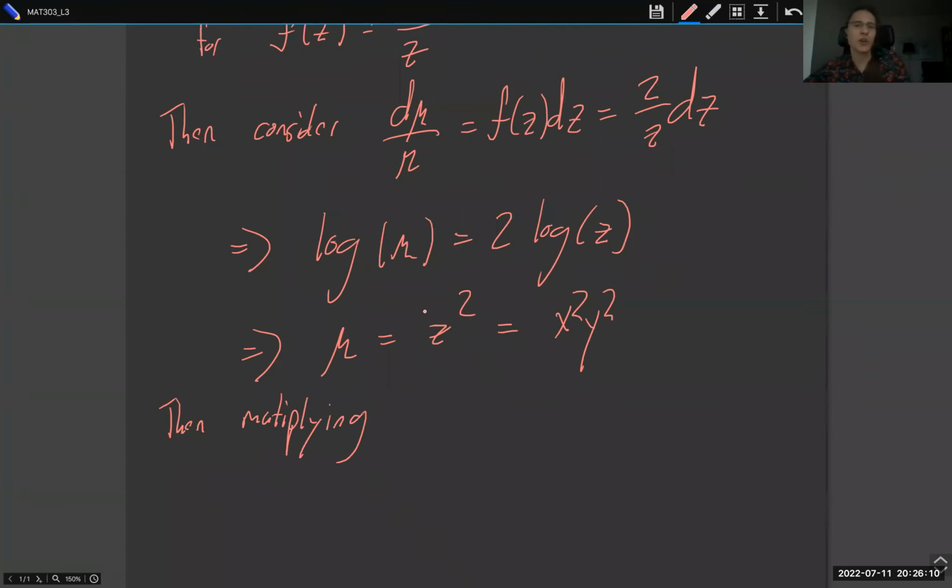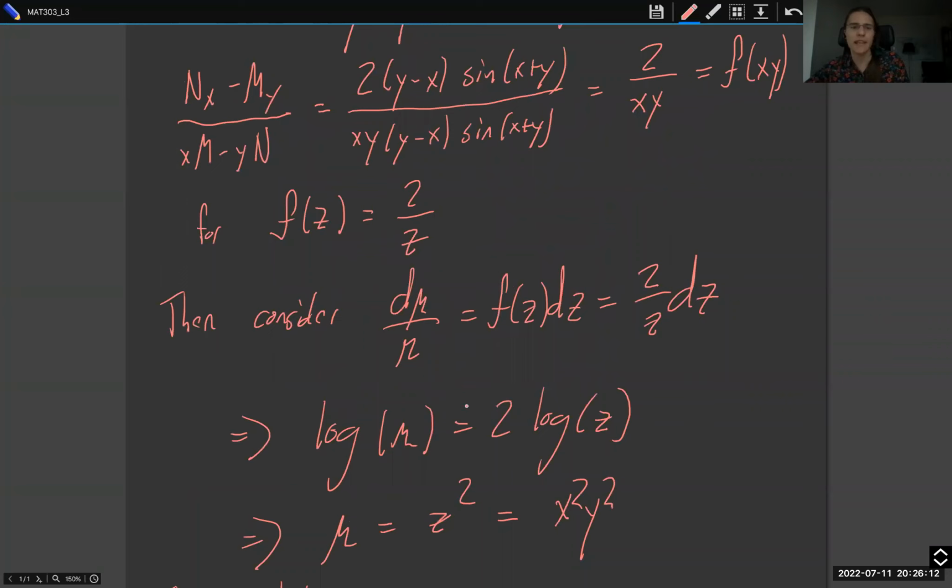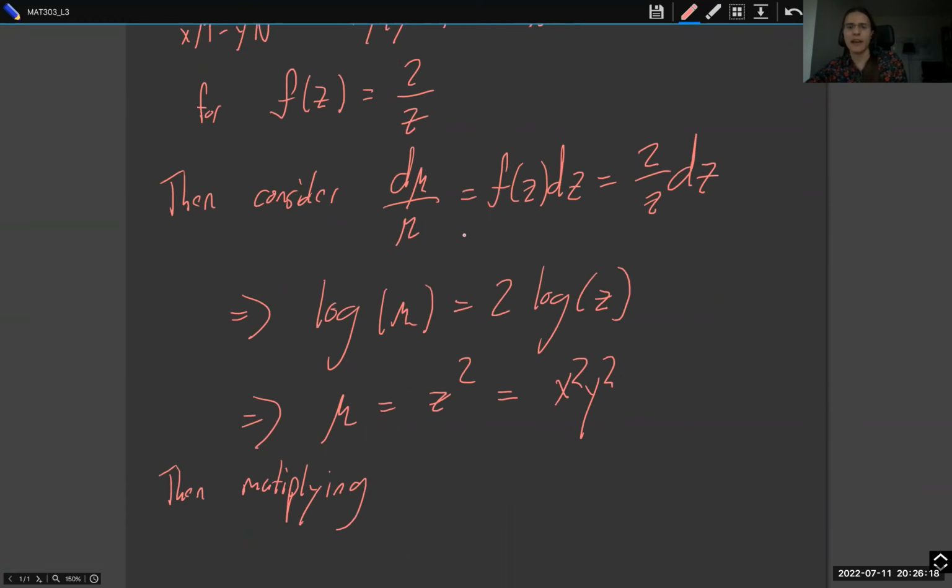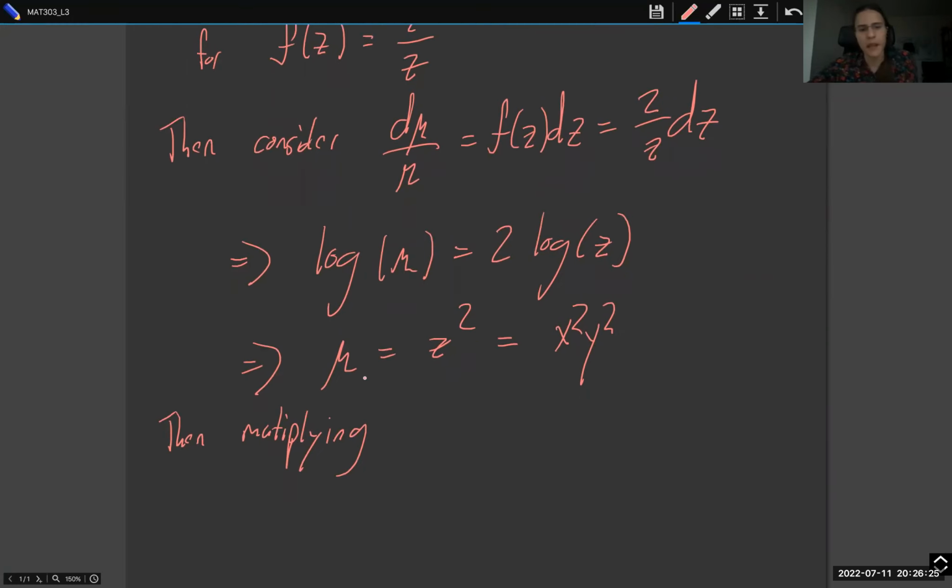So notice that in order to have this make sense and this be a sensible integral, we had to abstract xy into z. And then we had to carry through the calculation in terms of z, and then we had to plug it back in. So that's what's going to happen when you have examples of this form. Then multiplying the original equation by x squared, y squared, you get the following equation.